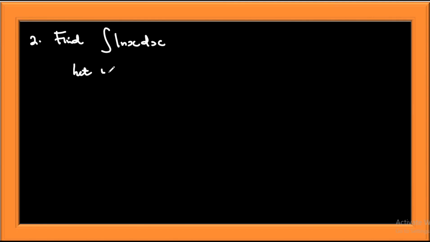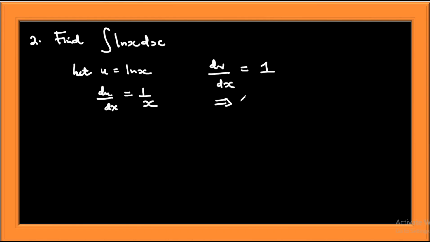So when you're letting u to be ln x, again, it means du/dx will still remain as 1 over x. But then dv/dx this time around will actually be the algebraic function, that in this case we just have a constant, which is 1. So it implies that for you to get v, you integrate 1 with respect to x, and that gives us x.